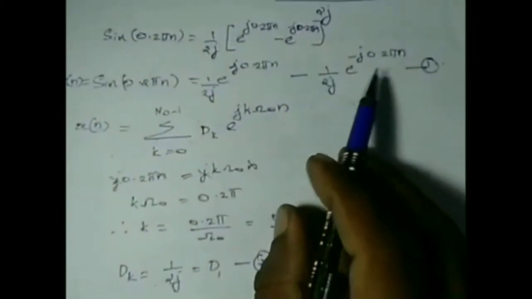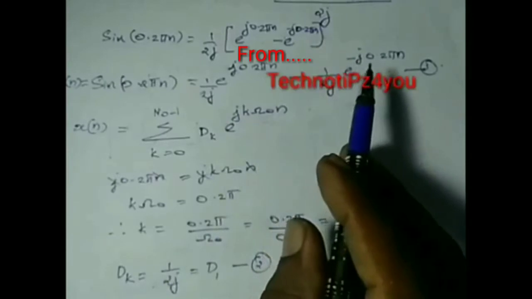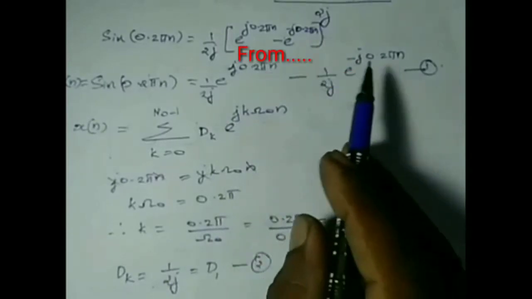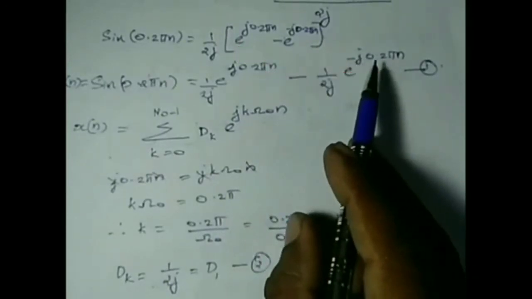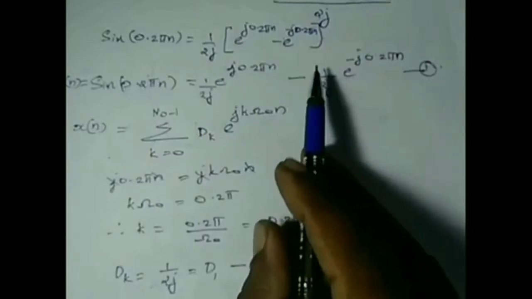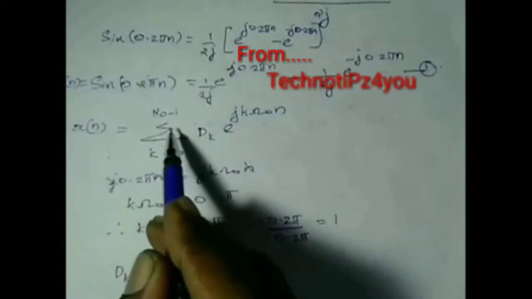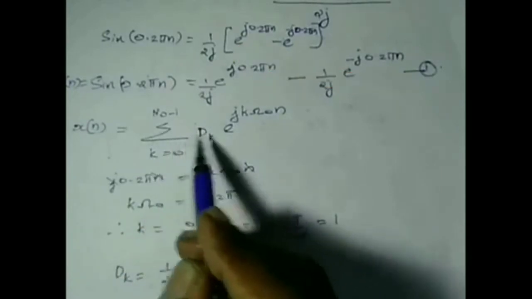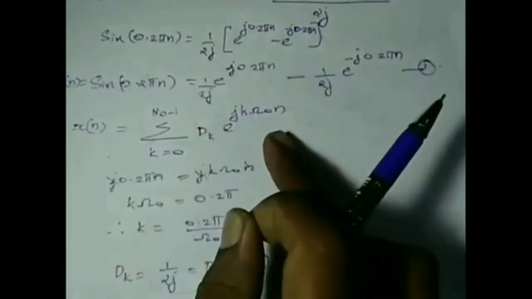Similarly, on comparing the second term with the basic equation, we can again conclude that minus j. Here we have 1 by 2 pi. One thing to be noted is that here it is a sigma term, first term plus second term.